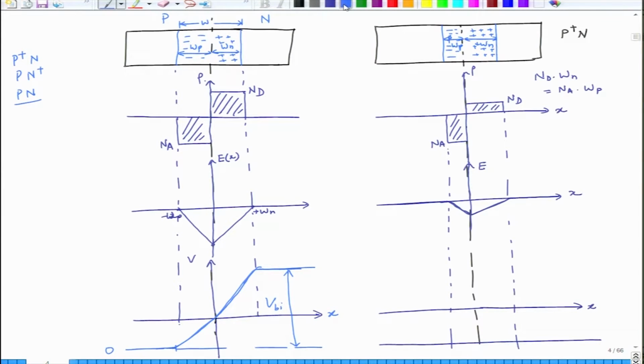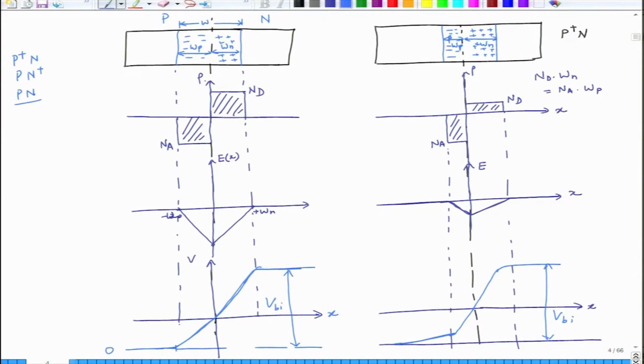I can use a different color. So it goes as something like this. So this whole value is VBI, but it goes through a few changes here.